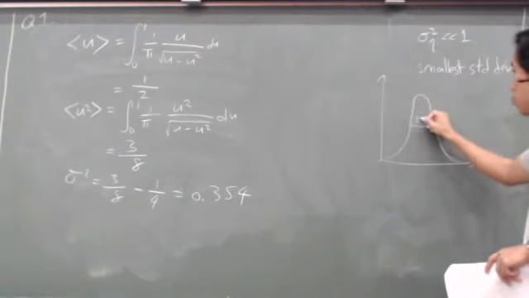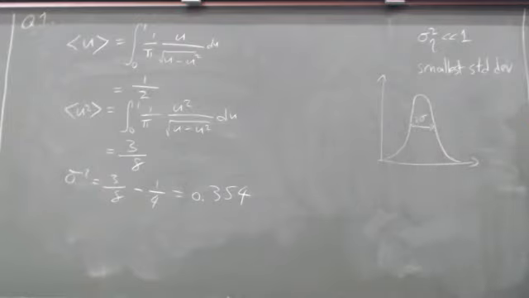So the width is 2 sigma. So if you can find a peak that's really, really skinny, then the width will be very small. So then your 2 sigma will be very, very small, and then your sigma will be very small. So the goal of the game is to find a very sharp peak.